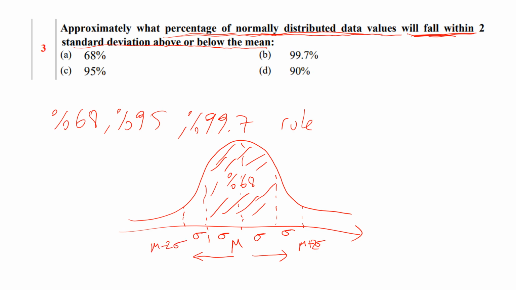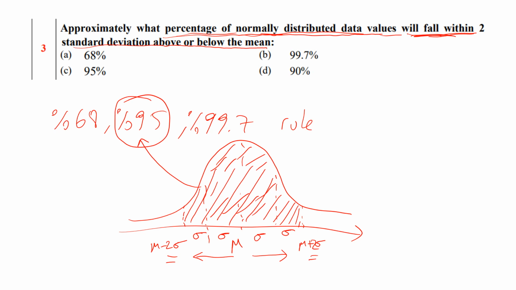And it's asking what the percentage of this part is. As we know, if it is 2 sigma above or below, it's the 95% rule. 95% of the data fall within 2 sigma above or below the mean. So it will be just 95%.